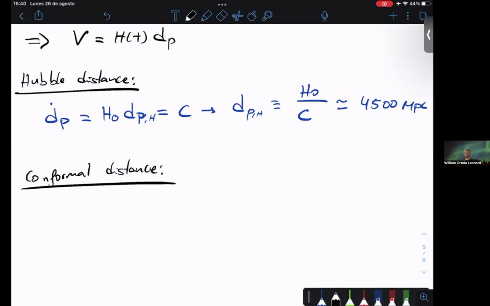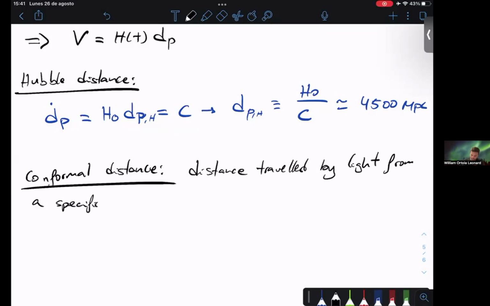This conformal distance is basically just the distance traveled by light from a specific time to us today, to the time today.